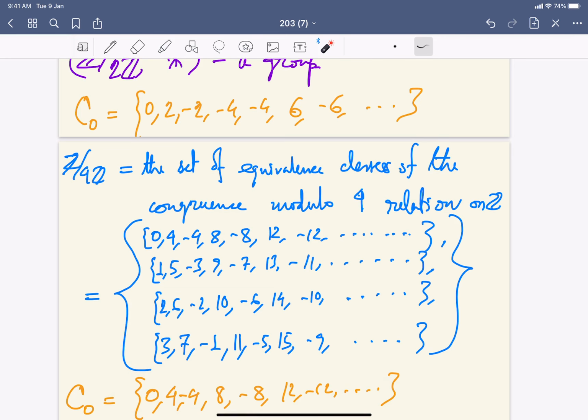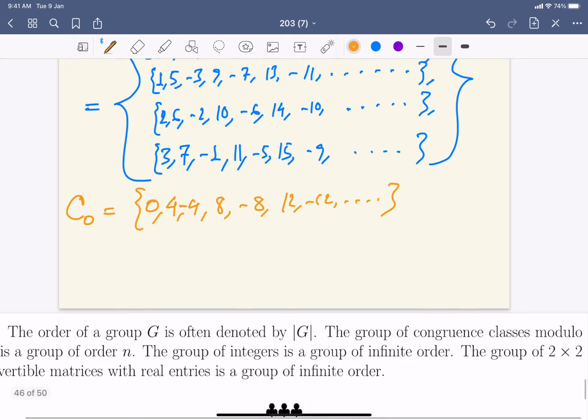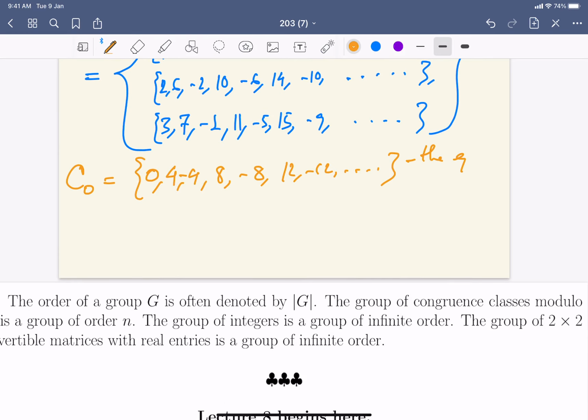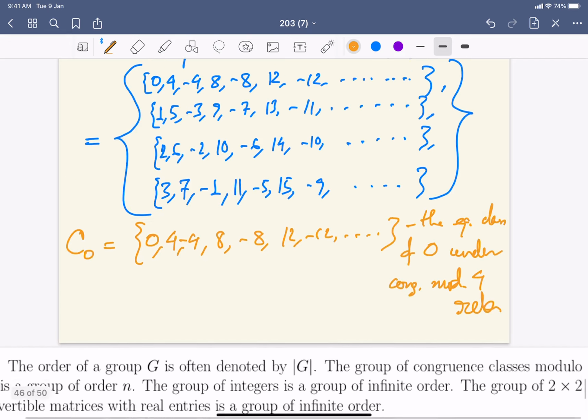Here you have the set of all multiples of 4, a proper subset of that set. It is not a surprise that C0 is changing, because here C0 is the equivalence class of 0 under the congruence modulo 2 relation, and here it is the equivalence class of 0 under the congruence modulo 4 relation.